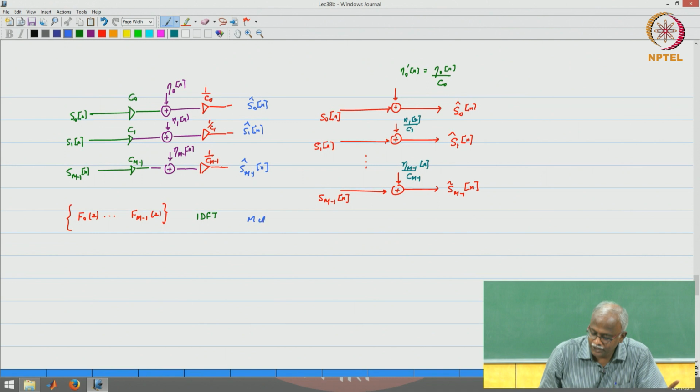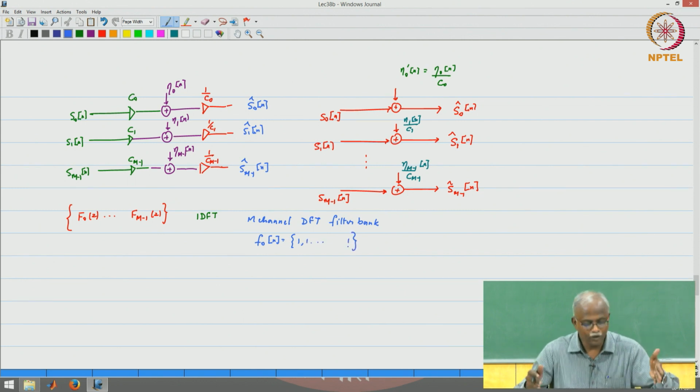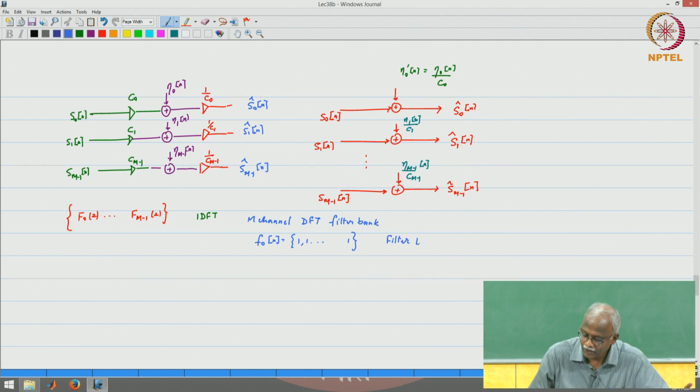An m channel DFT filter bank, correct? A DFT filter bank where the prototype filter f naught of n is given by 1 1 1, it is a rectangular window of dimension m. So basically the filter length is equal to m, and all the coefficients are equal to 1.